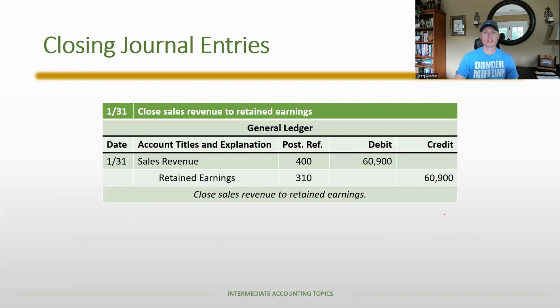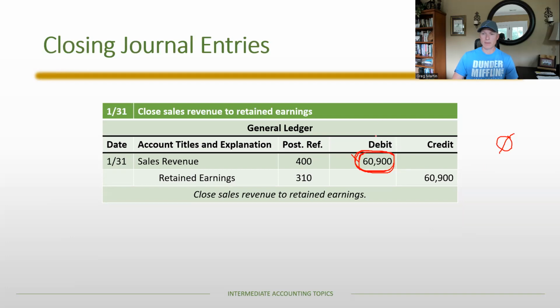All right, so when we think about our sales revenue, I want us to kind of highlight this. Notice what we are doing to close the sales revenue account. We are debiting the account for the credit balance. So they had a credit balance. So the adjusted trial balance in sales revenue was a $60,900 credit balance. We are debiting that account so that the balance afterwards is 0.